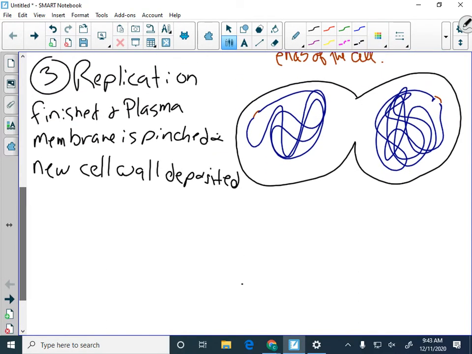And then finally, step 4, we have 2 new daughter cells.